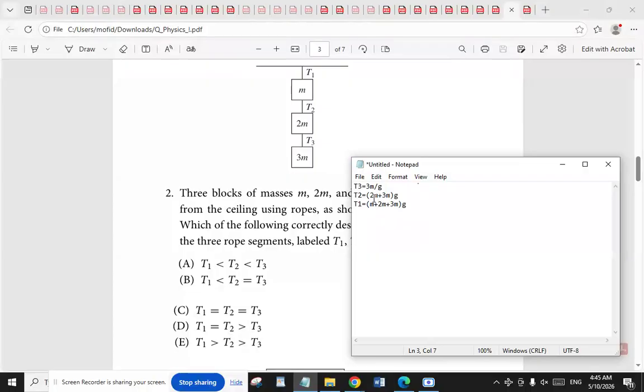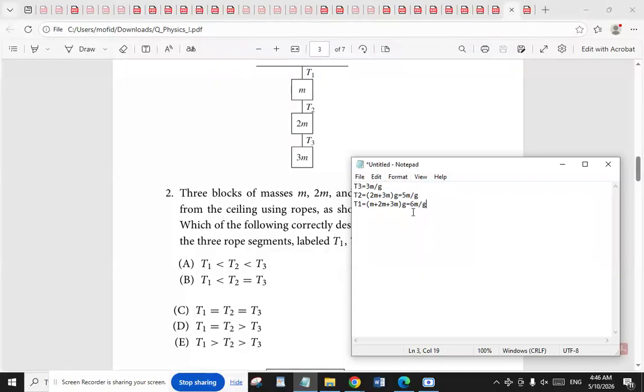So we have T1, T2, T3. T3 is 3m divided by g. Here we have 5m divided by g, and here we have 6m divided by g. g is the gravitational acceleration of the Earth, 9.8 meters per square second.